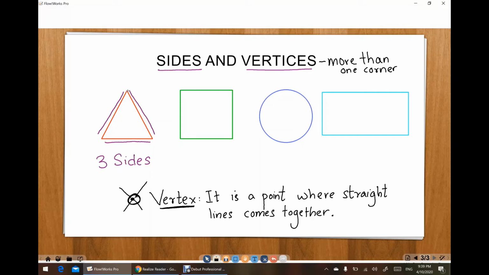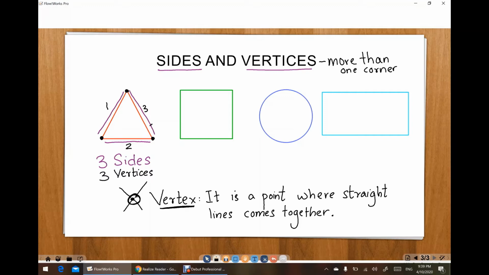Can you count with me? 1, 2, 3. Right? So a triangle has 3 vertices. Do you understand, kids? Now the triangle has how many sides? 1, 2, 3. You can see the lines here. So the triangle has 3 sides and 3 vertices.